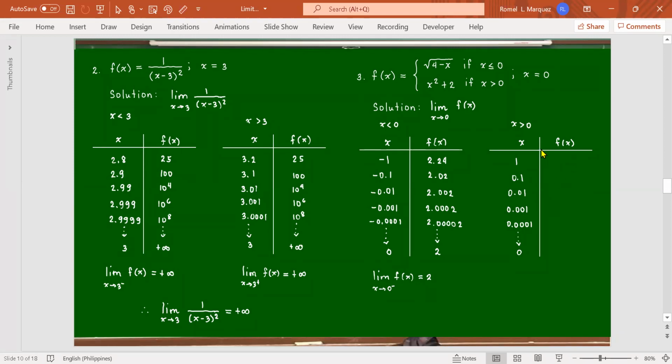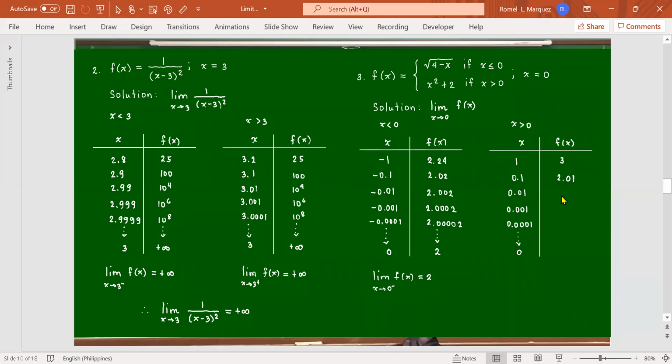When x is 1, we're going to use x squared plus 2 for f of x, right? When x is 1, we have 3. Am I correct, children? And then when x is 0.1, 2.01, no, guys? Am I right?